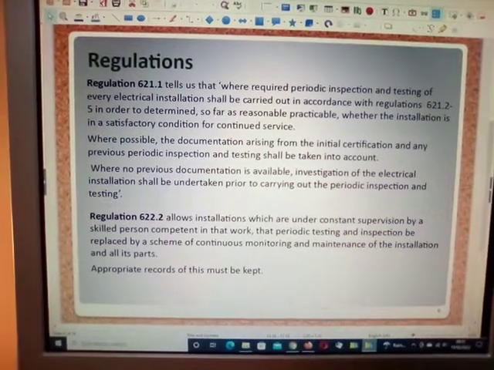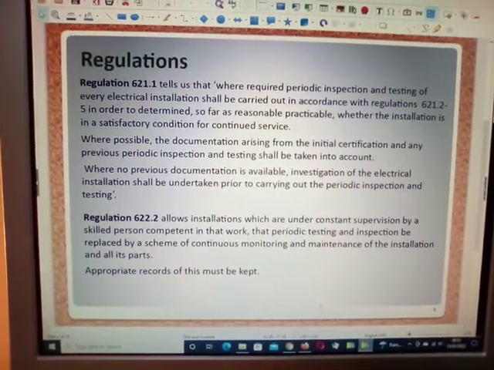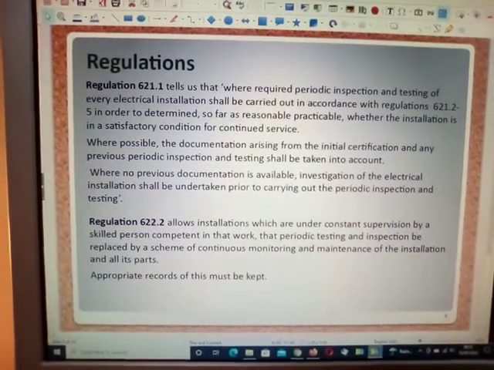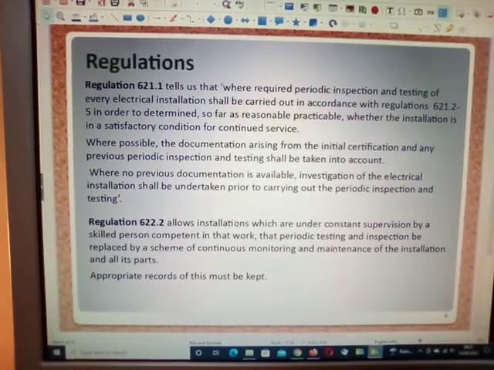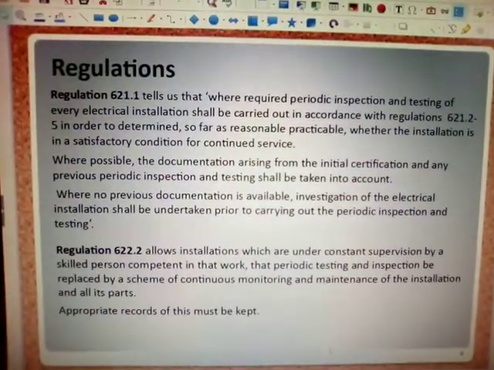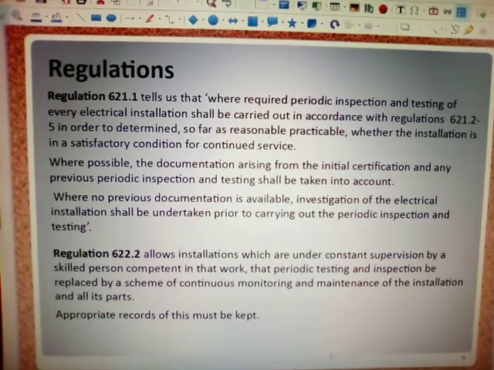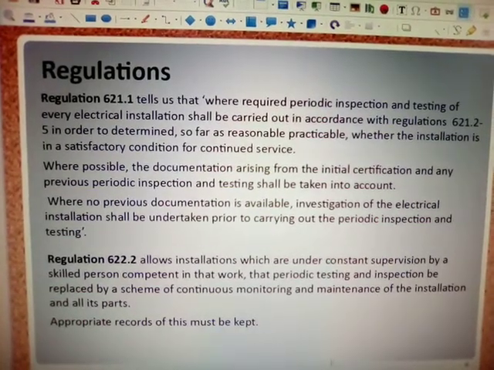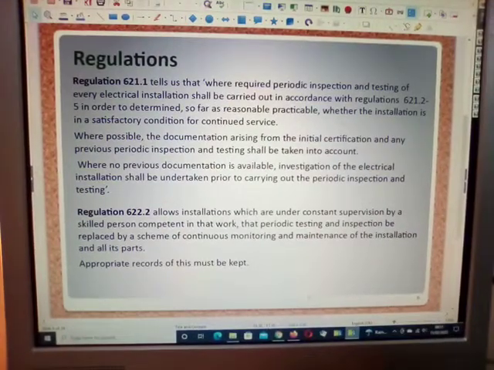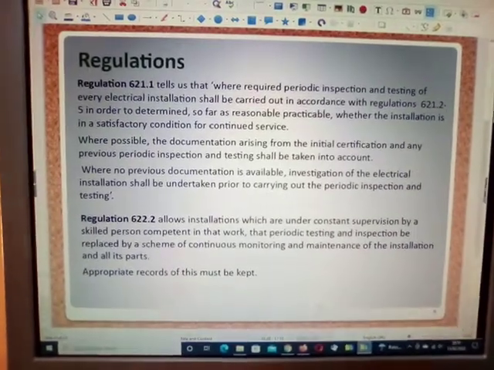And again, regulation 621.1, make sure that this regulation is still compliant in regards to the 18th or the 19th edition of the IET regs, as there may be changes since we have left the EU. So make sure you are familiar and compliant with the regulations current at that point in time. That is your responsibility.